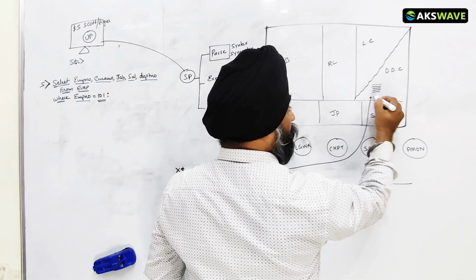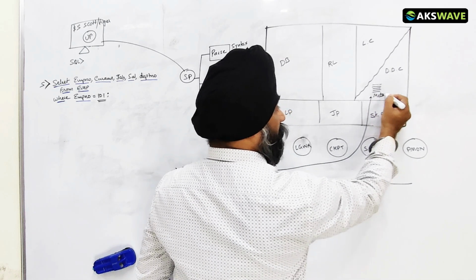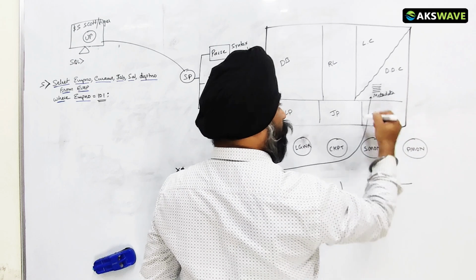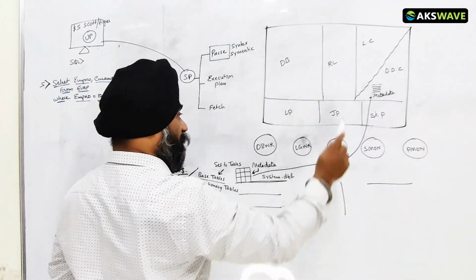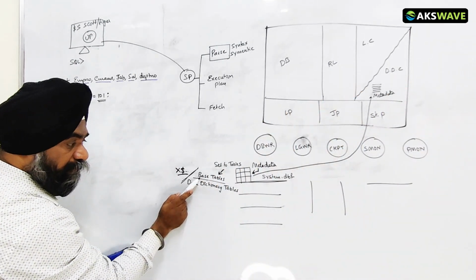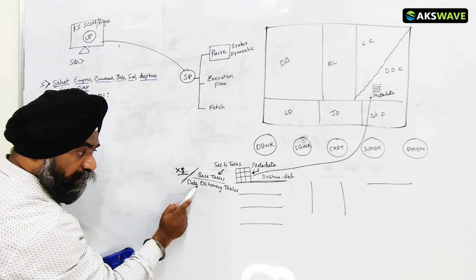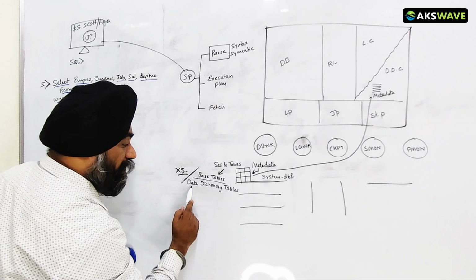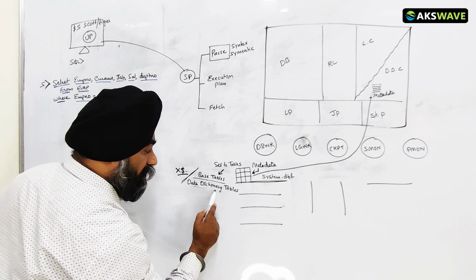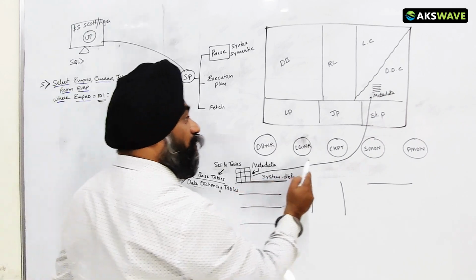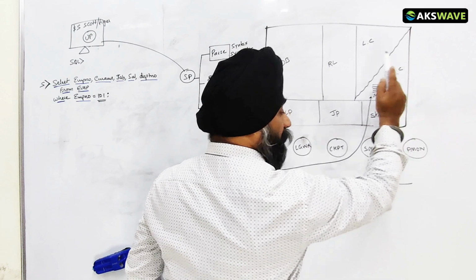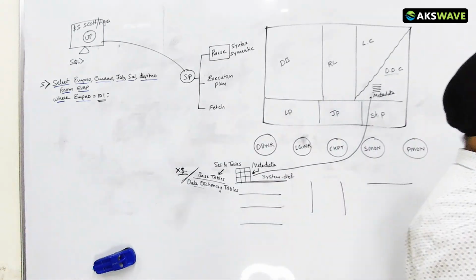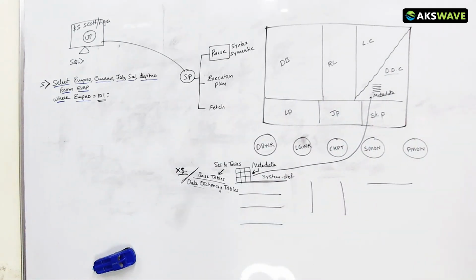What is this? Metadata. The metadata is loaded into the data dictionary cache. From where? From the base tables, and those base tables are data dictionary tables. The metadata is loaded into which area? Data dictionary cache.